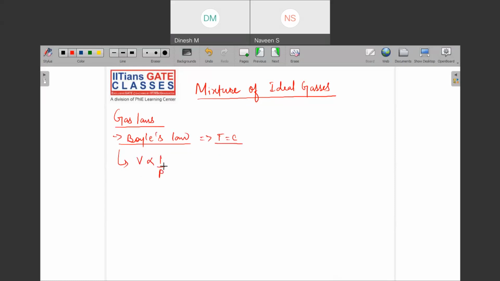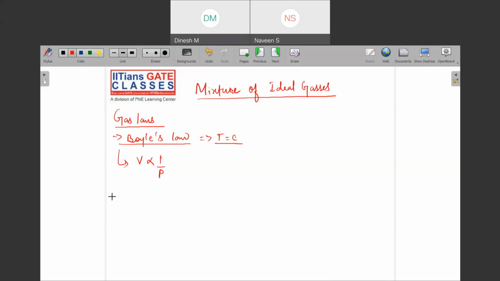So Boyle's law, Charles law, and Avogadro's law will help you to deduce the ideal gas law. But can I apply Boyle's law to any gas? Yes, we can. So Boyle's law says that if your temperature is constant, then volume is inversely proportional to pressure.